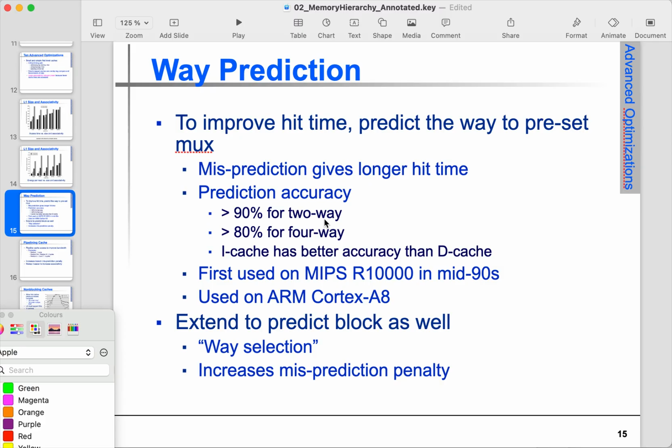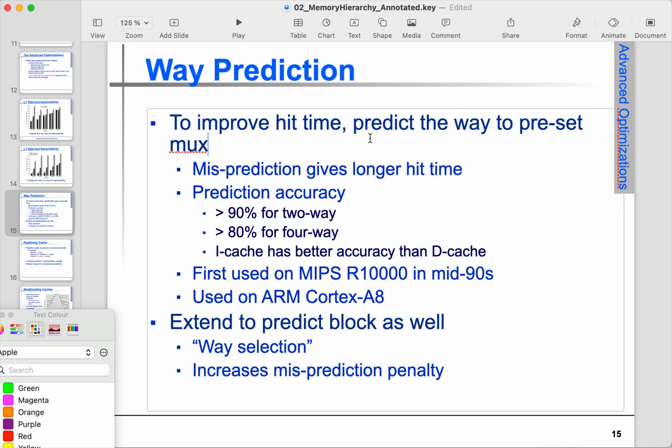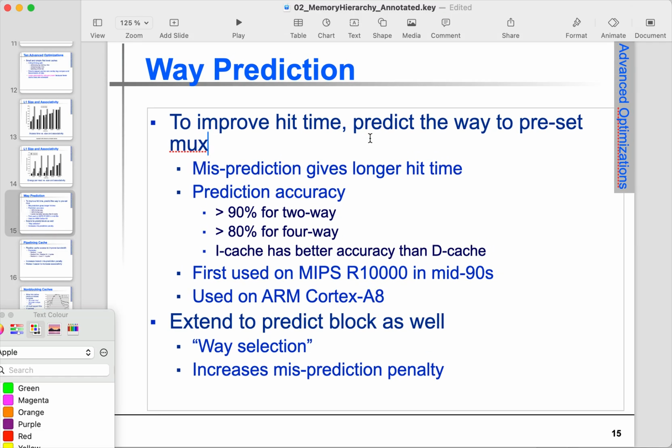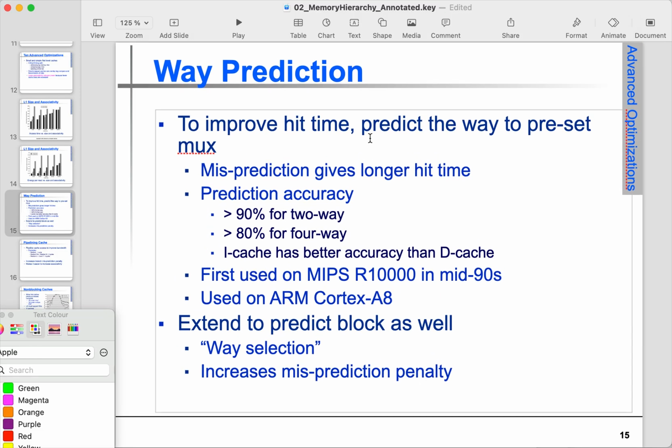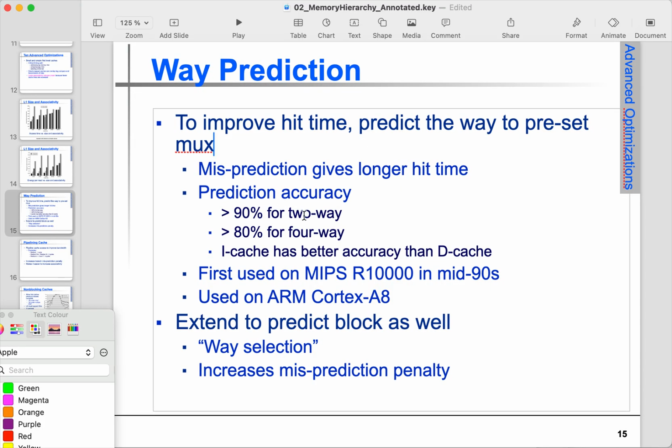Another way to improve the hit time is to predict the way to preset. We could use a prediction to improve the hit time. We would predict the way to preset.